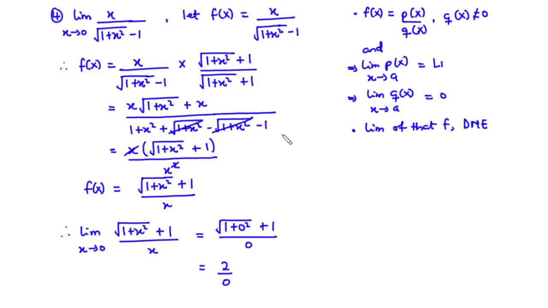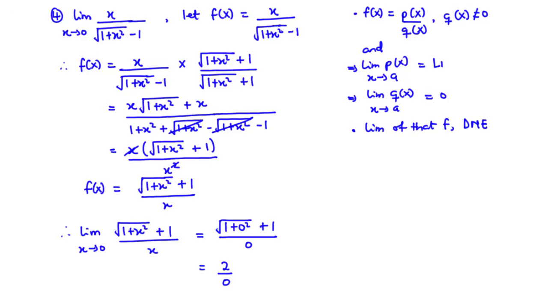And that is exactly the case for this function. Now the limit of the numerator is 2 and the limit of the denominator is 0. Therefore we say that the limit or the general limit of this function does not exist.